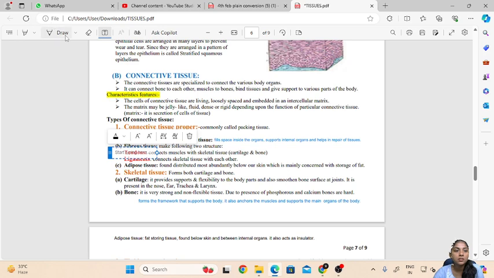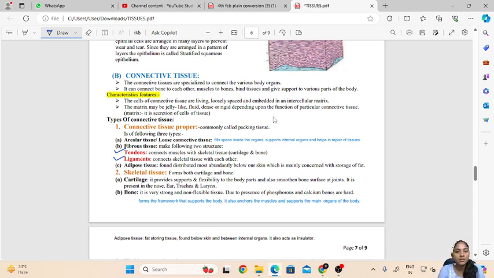Then there is fibrous tissue which is composed of tendons and ligaments. Now tendons will connect muscles with the skeletal tissue. For example, it will connect muscle to bone. Okay, so it connects muscle to skeletal tissue and it has quite the elasticity.